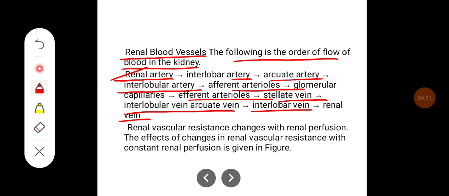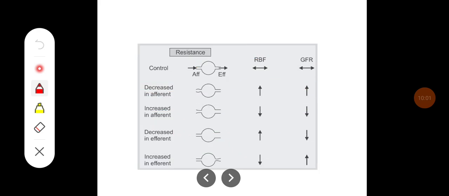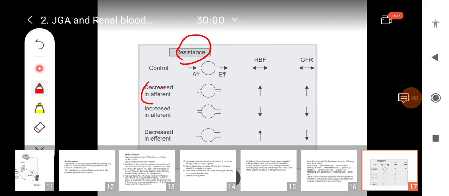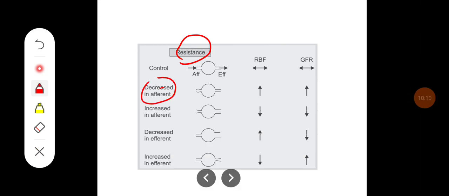Renal vascular resistance changes with renal perfusion. The effect of changes in the renal vascular resistance with constant renal perfusion is given in the figure. So when resistance is decreased in the afferent arteriole, the renal blood flow and the GFR are going to increase.